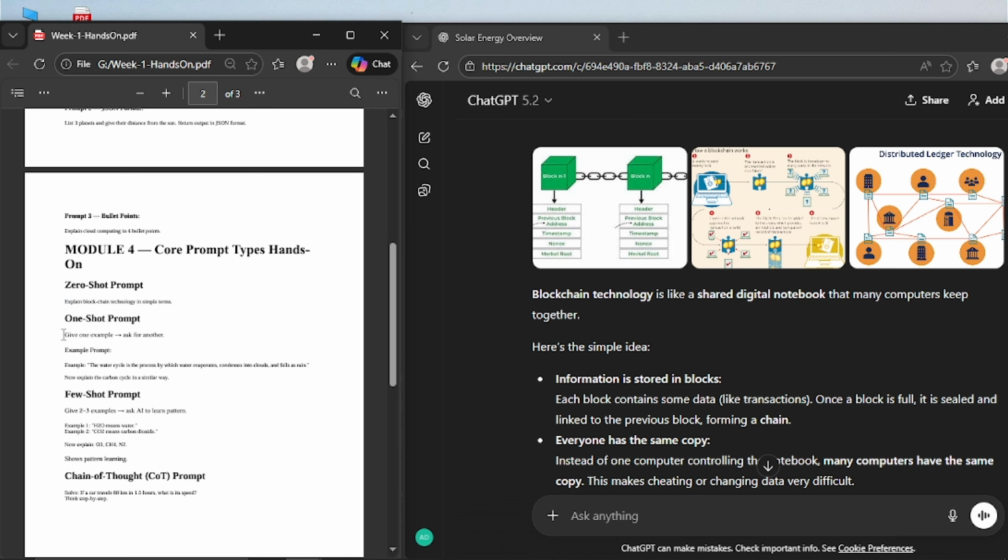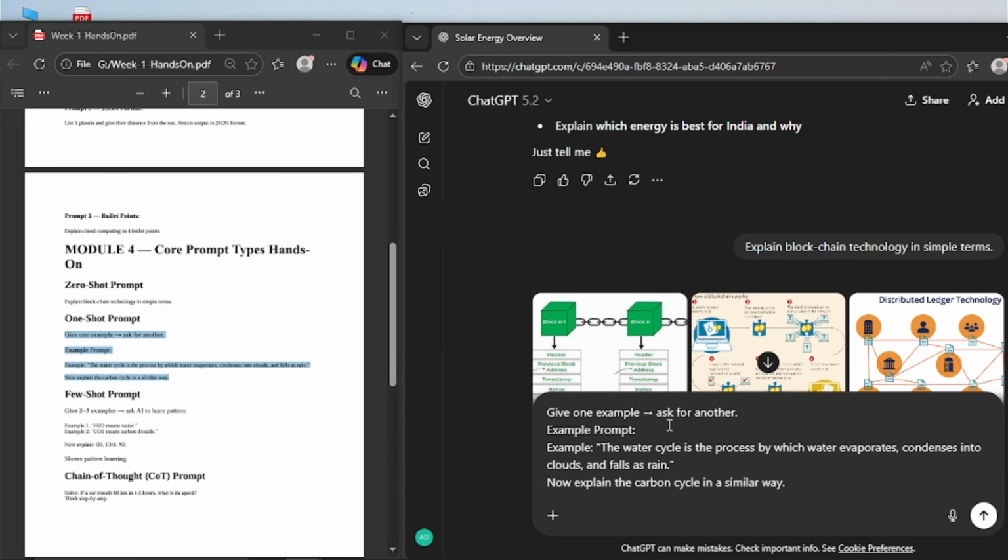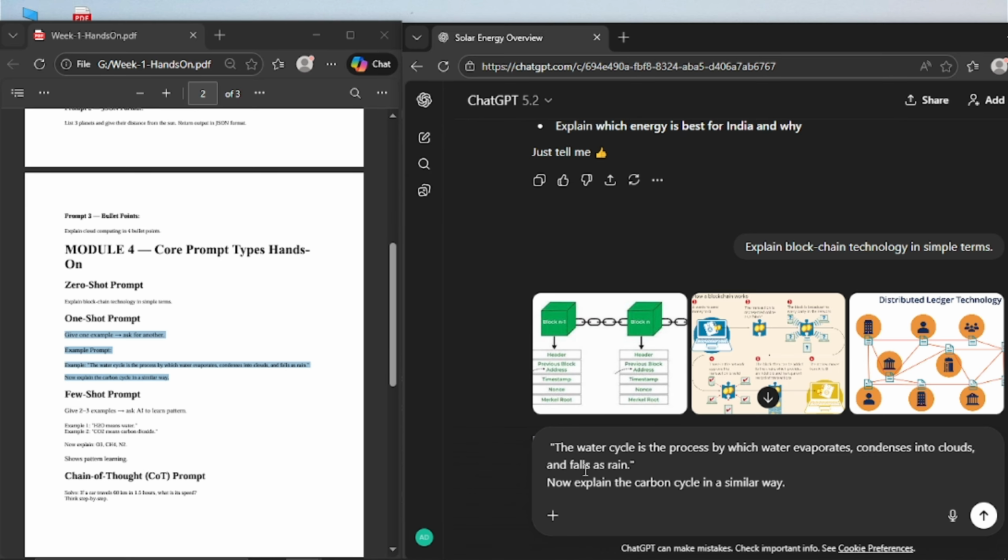Now, a one shot prompt is giving an example with your question. So you give ChatGPT the prompt: "The water cycle is a process by which water evaporates, condenses into clouds and falls as rain. Now explain the carbon cycle in a similar way."